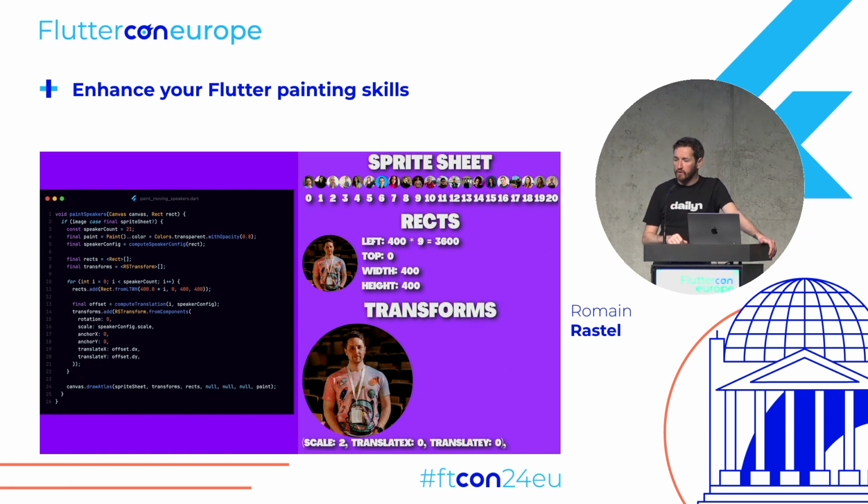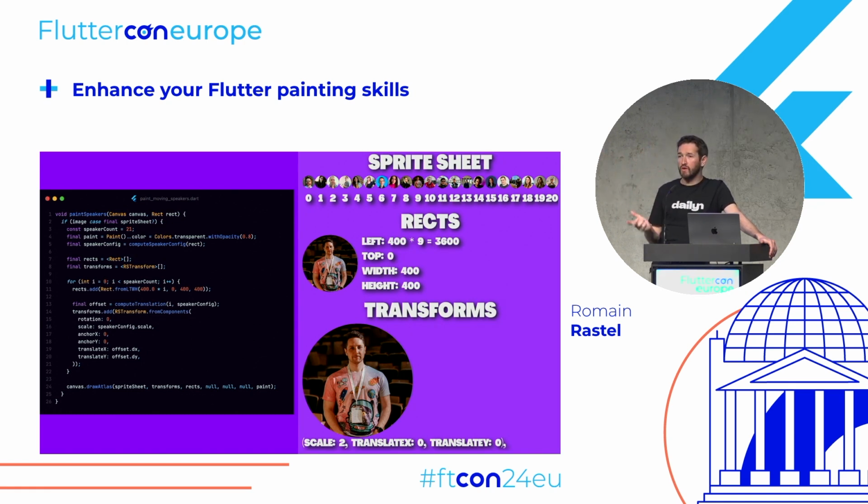Then we can also provide a paint, and my paint is at line 4 here. We can see that I added a little opacity of 0.8 to each speaker, so that's how you can have all your images share the same color or opacity.